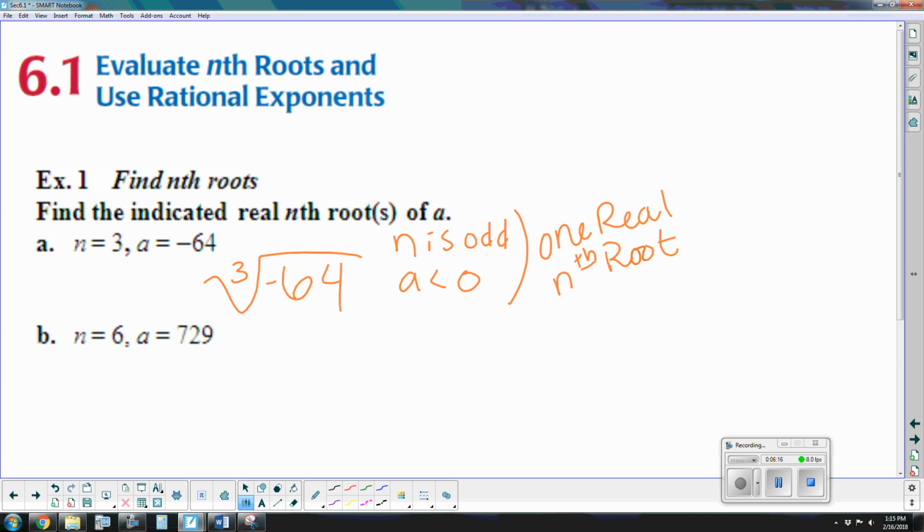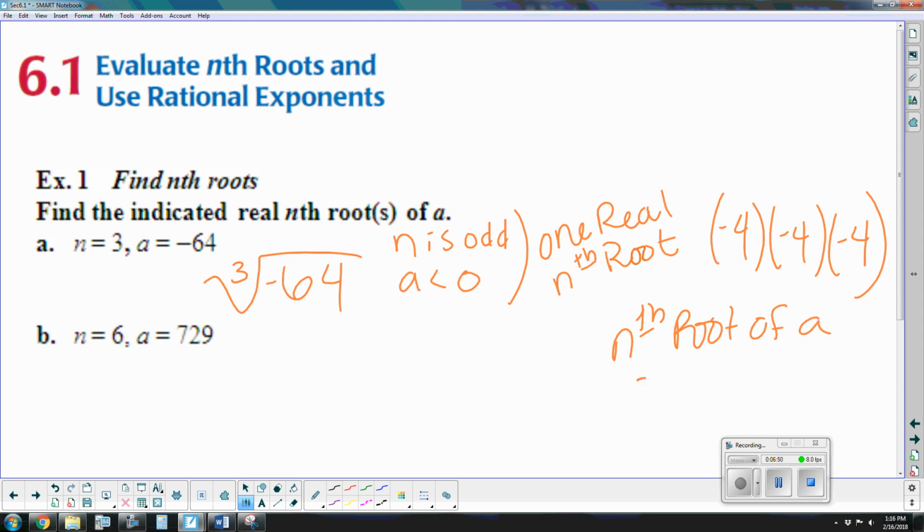We know it has to be a negative number. So negative 4 times negative 4 times negative 4. We know it has to be a negative number because a negative times a negative times a negative will give us a negative. It can't be a positive number because positive times positive times positive is still positive. So the nth root of a, which is the cubed root of negative 64, equals negative 4.